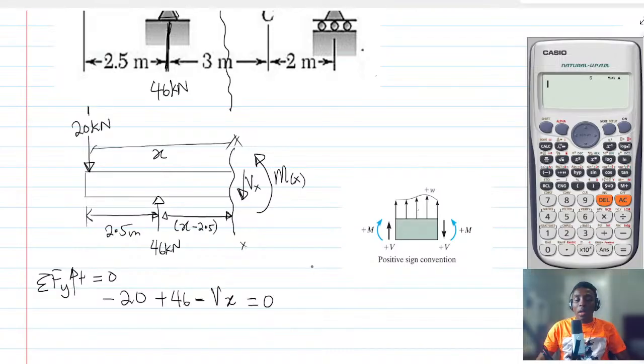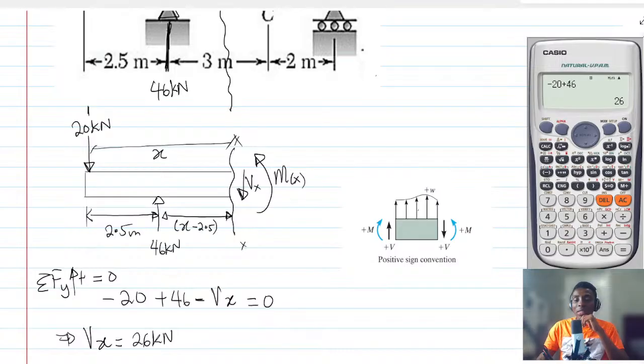Now if you look at this together, then we can clearly say that Vx is going to be minus 20 plus 46, and that is 26.